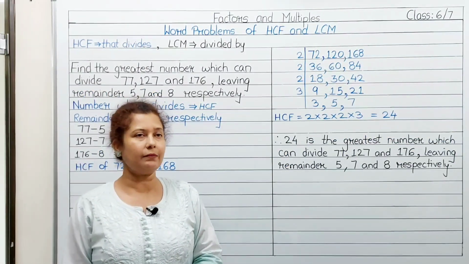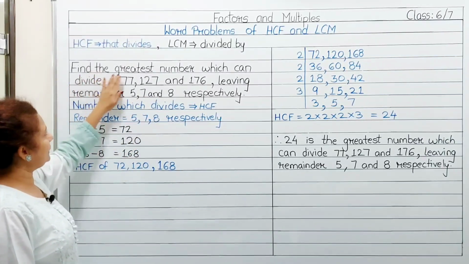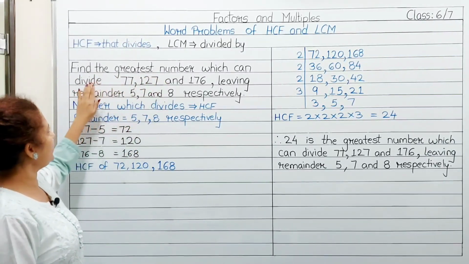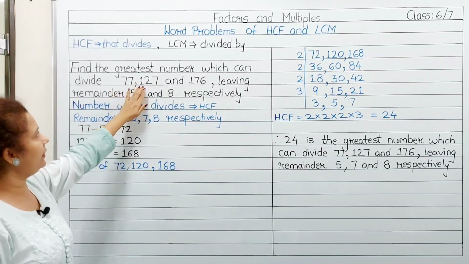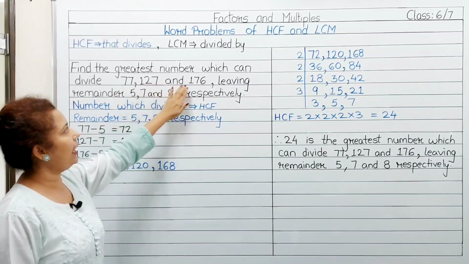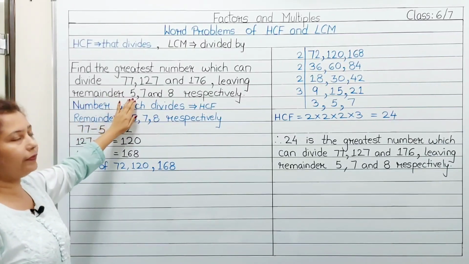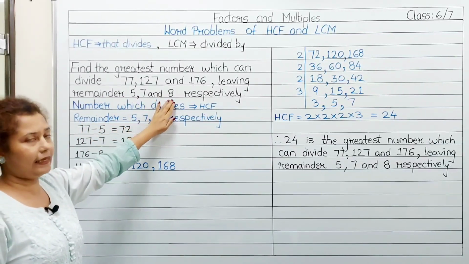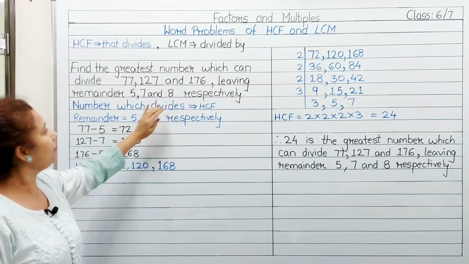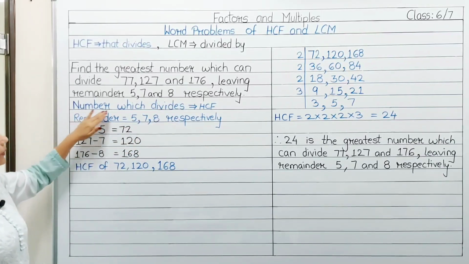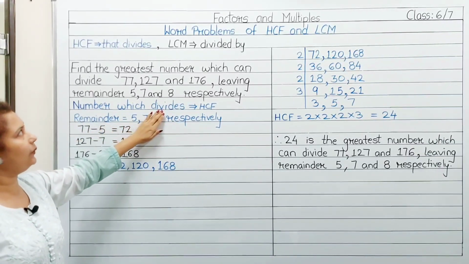One more type of sum. Find the greatest number which can divide 77, 127 and 176, leaving remainder 5, 7 and 8 respectively. So here number which divides is given.